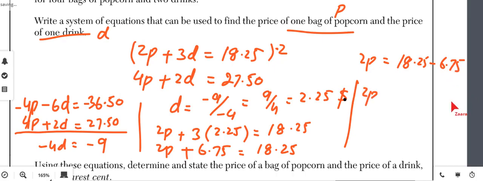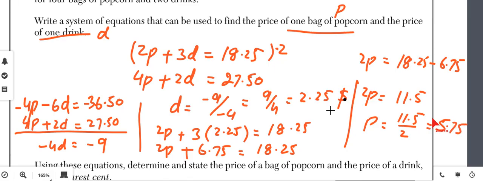Please tell me quickly, what is 18.25 minus 6.75? 11.5. Are you sure? Okay, by trusting you, yes, it is. 11.5 divided by 2 would be 5.75, right?